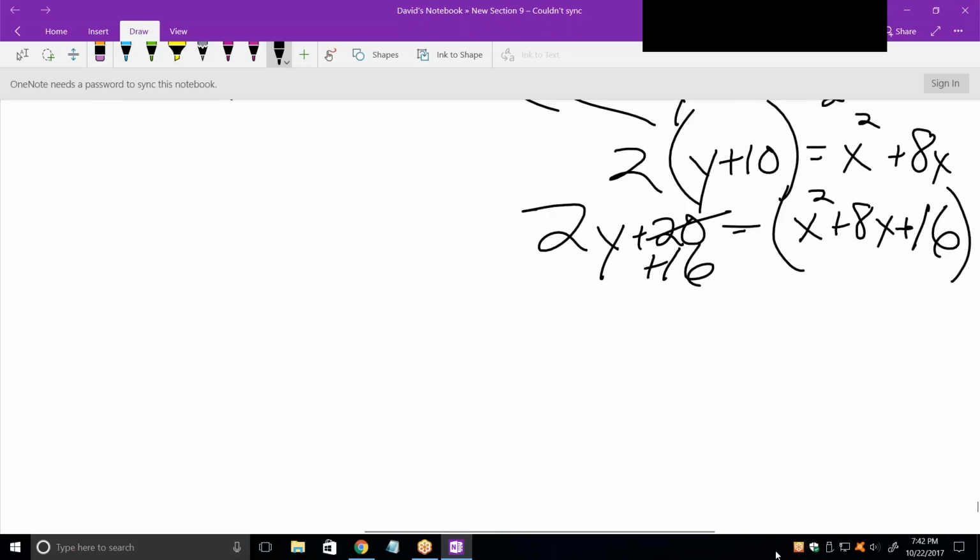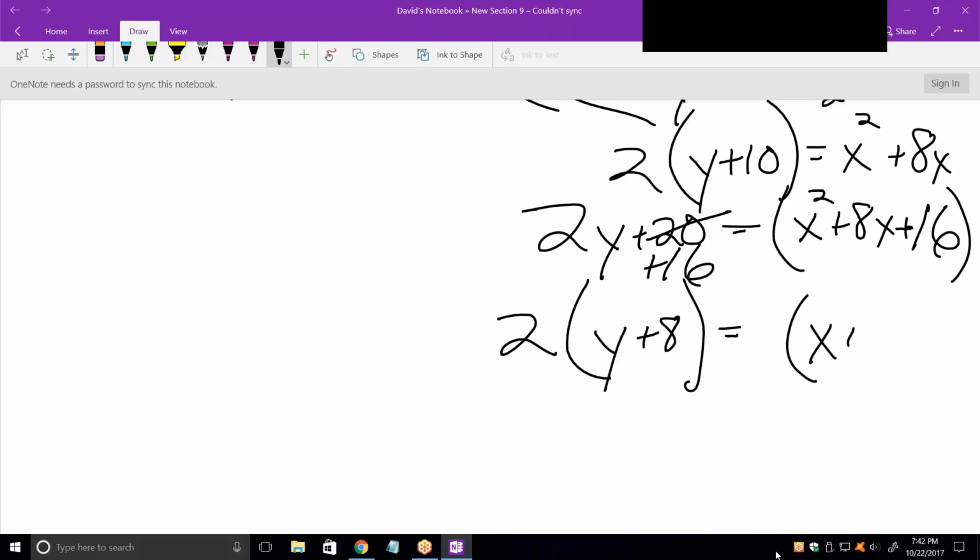Now, I can factor out a 2 from the left, leaving that. And because I got this by completing the square, I can write it like this. That's the whole reason you complete the square.